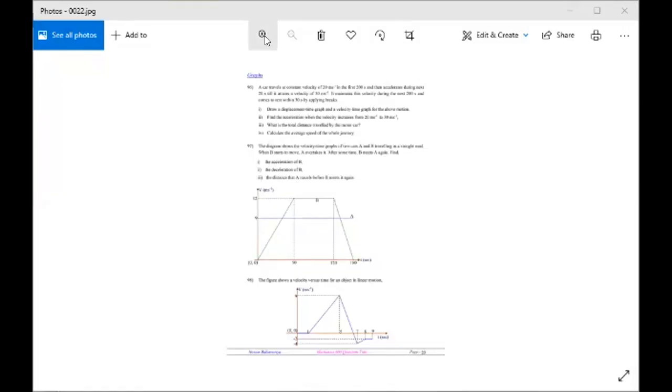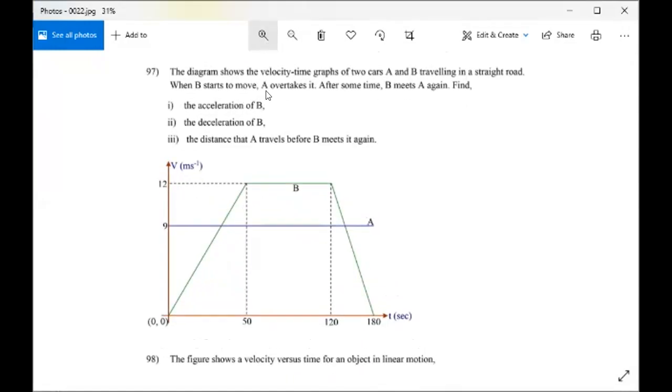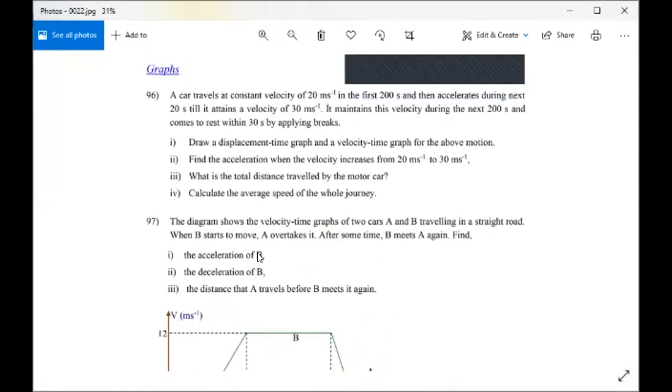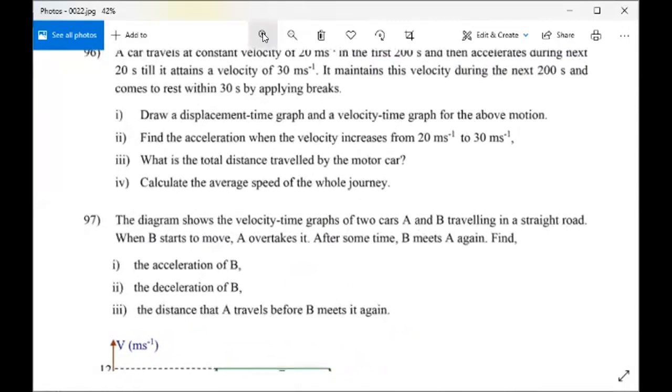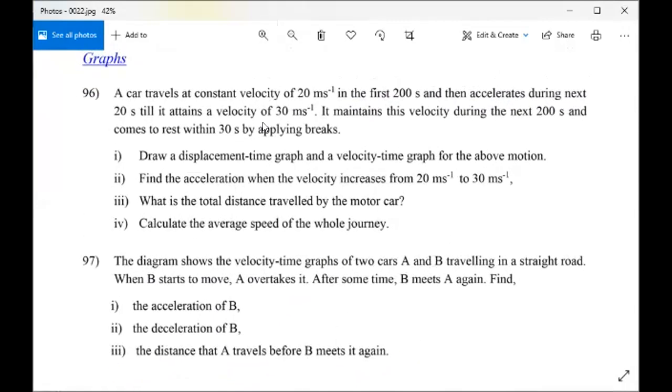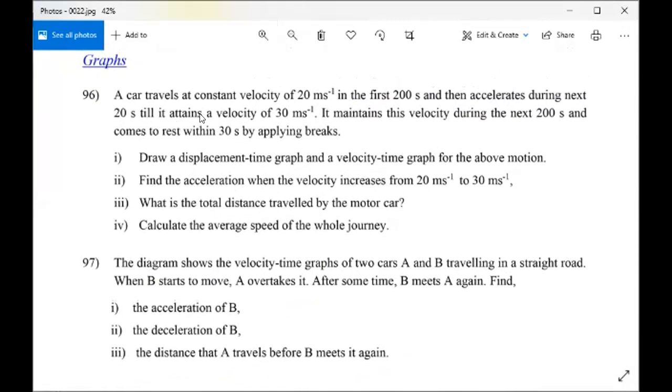So let me show you the tube. Can you see this? This is our 600 questions tube, question number 96. A car travels with... we have answered this. This is the question we discussed at the very beginning of the class. Can you see this clearly, dear Lamai? Yes, sir.